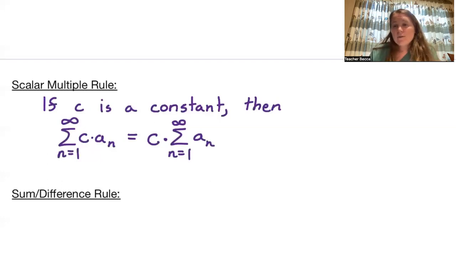So if the sum of a sub n converges, then so does the sum of C times a sub n. And this is the rule for finding it.